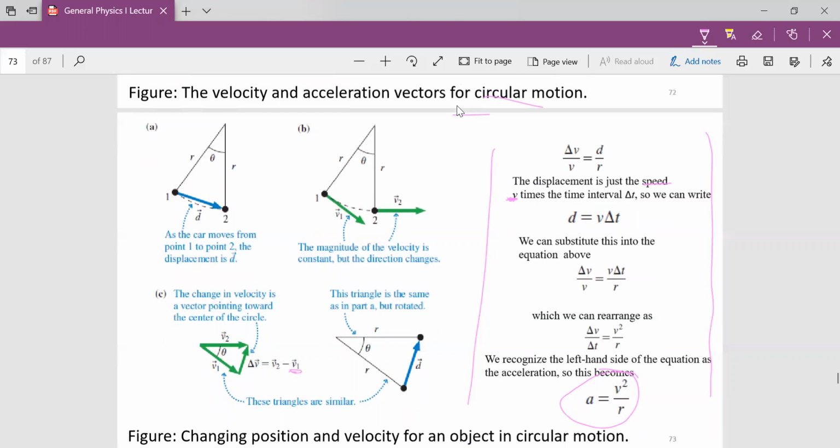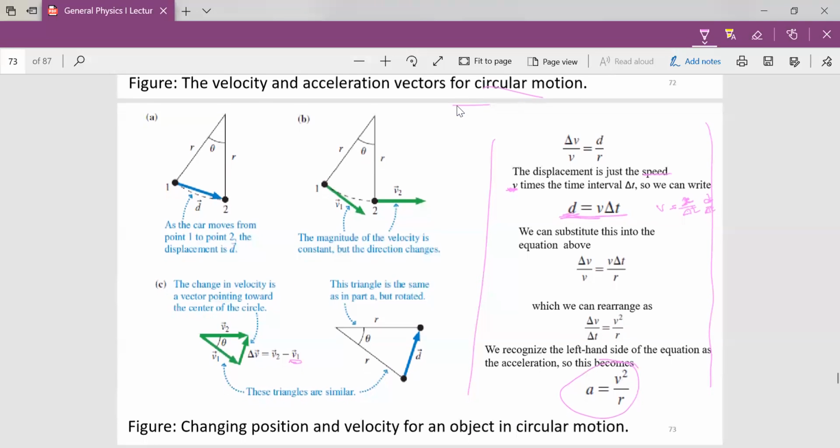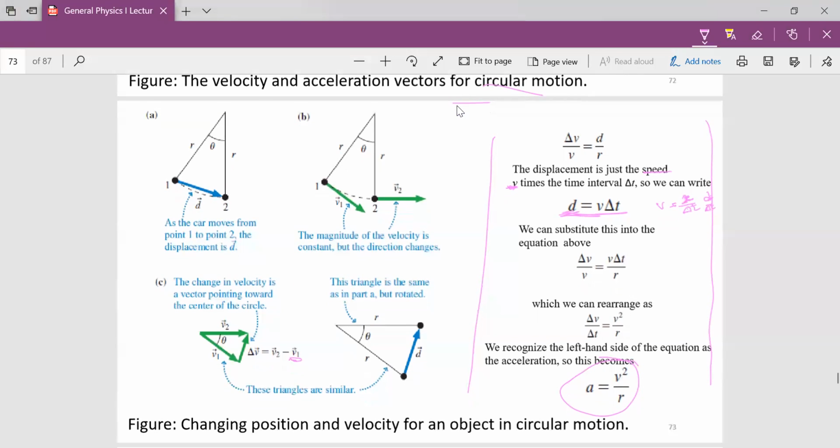So d here also means, from this equation, v equal to x over time, you can write it as dx over change in time. dx describes the displacement, okay? So that is the equation we have here. Describing this with the displacement and substituting this into this first equation, that is where you have d, put this one there. If you do that, you have this expression.